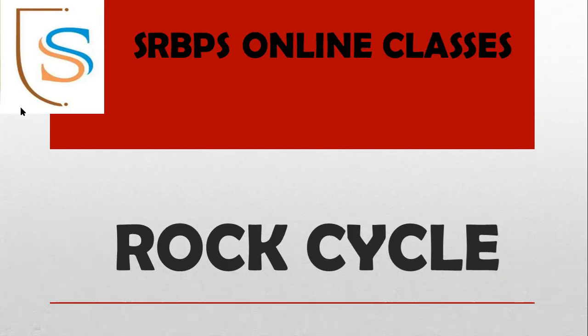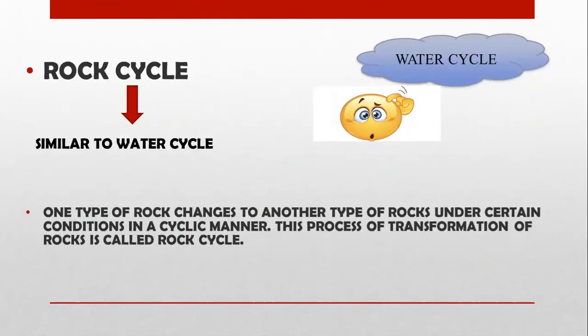From rock cycle, some of you might be thinking about another natural process called water cycle. If you are, well, yes, it is somewhat similar to water cycle. In water cycle, the form of water keeps on changing. How?